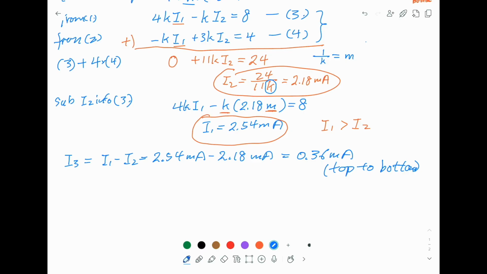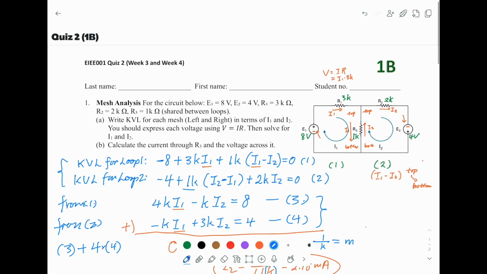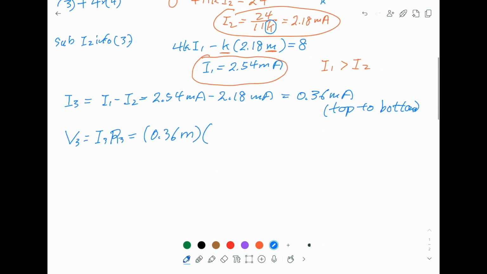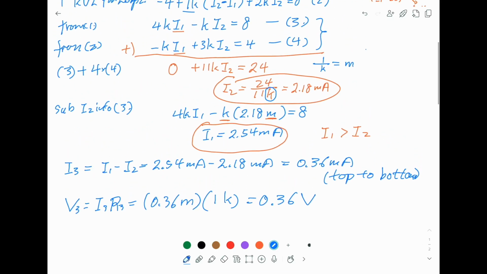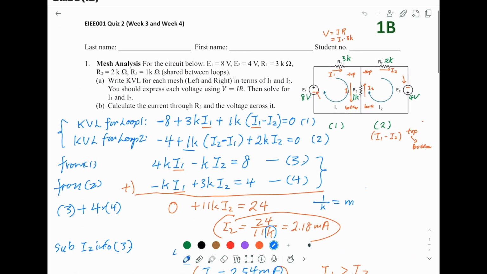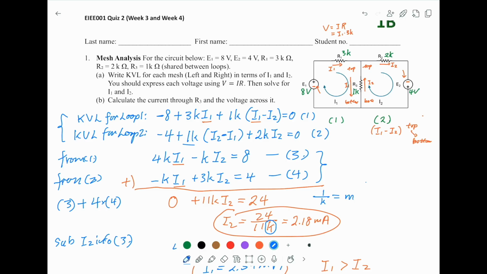The voltage across R3 should be easy because it is just Ohm's law. So 0.36 mA, and R3 is 1K, so you got 0.36 volt. So this is the example of how to do question 1 in paper 1B.